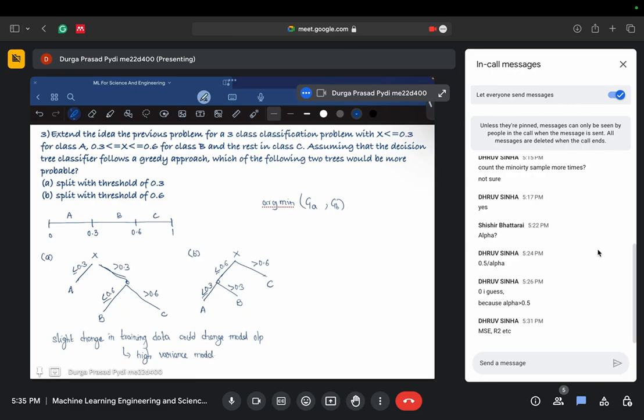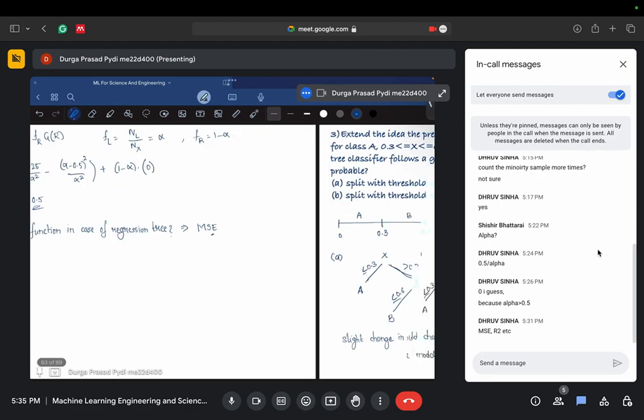So how do I calculate for A? It's the same as before. You can calculate GB like we have just done before.